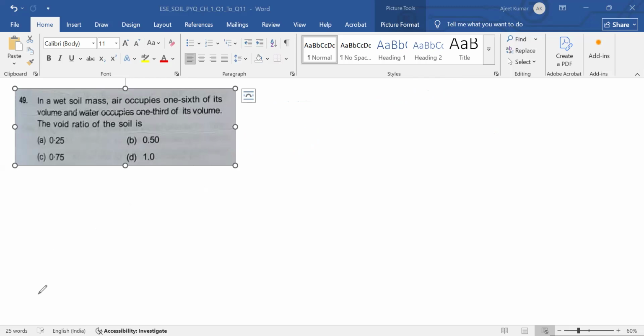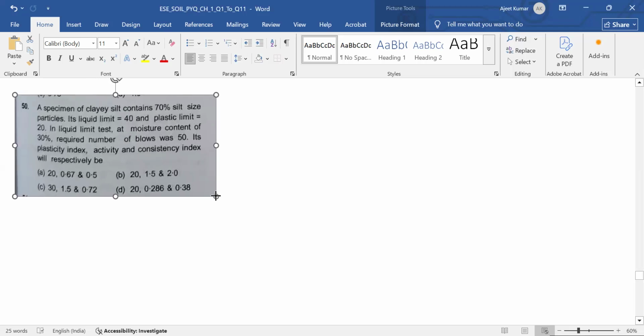Now question number 50. A specimen of clay silt contains 70% silt size particles.